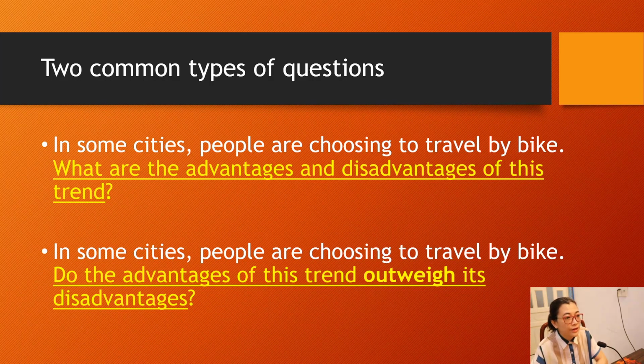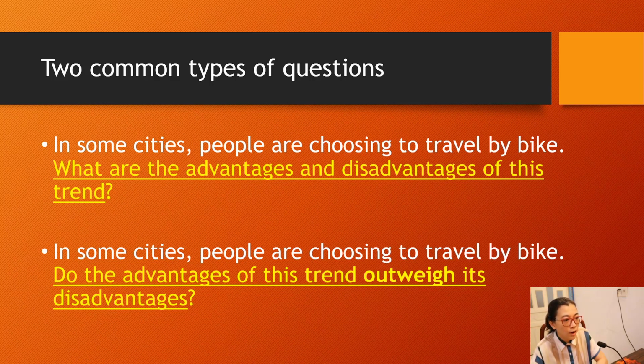Now, for example, in the first question, what are the advantages and disadvantages of this trend? For this question, you are asked to discuss the advantages and disadvantages. I can say you are going to list some advantages and some disadvantages of a topic.